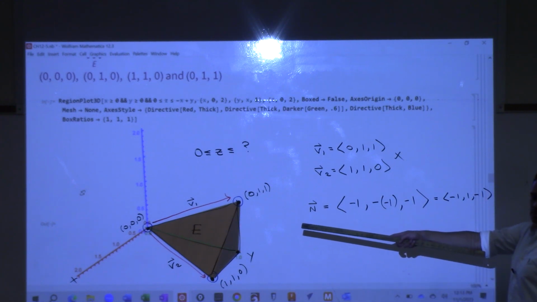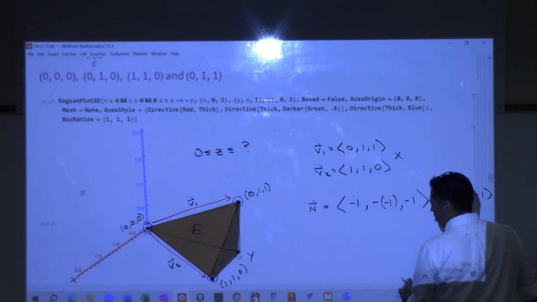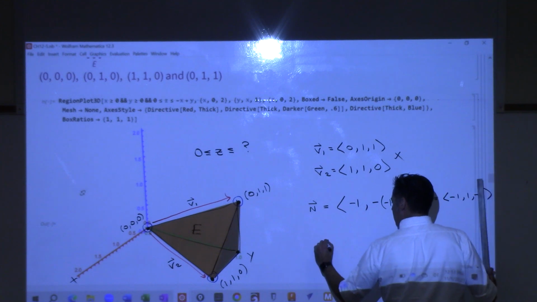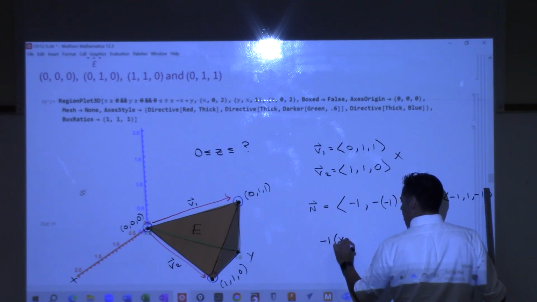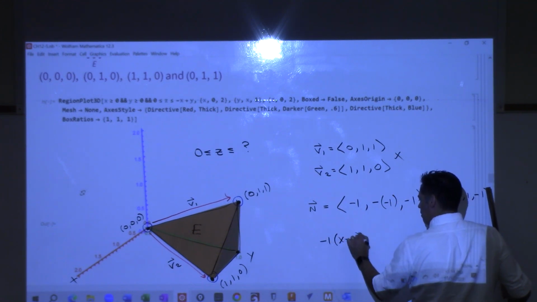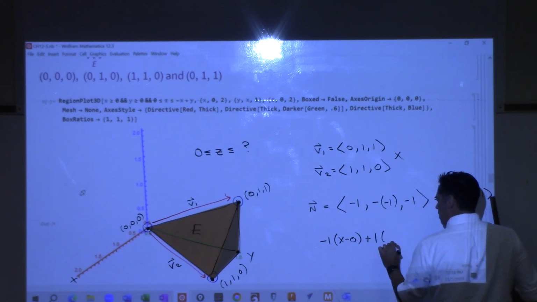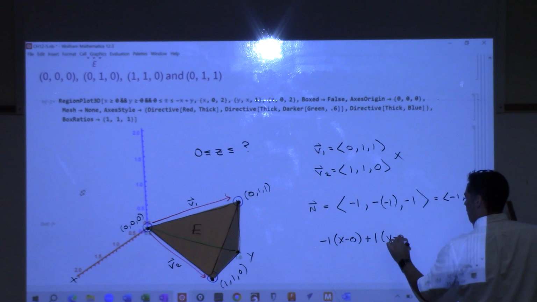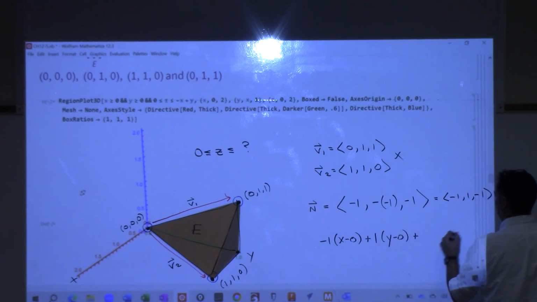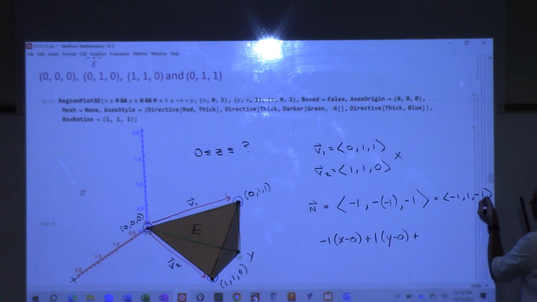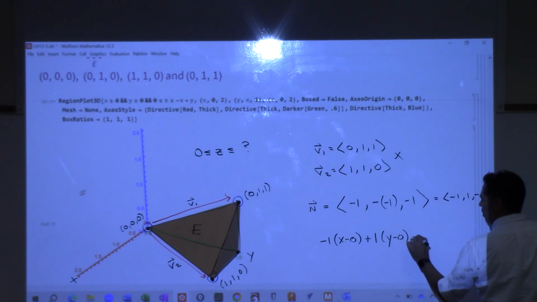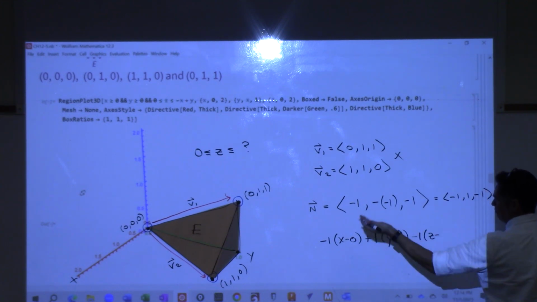0, 0, 0. So to come up with the equation of the plane, we use the normal vector: negative 1 times (x minus the x coordinate, 0), plus the next number, 1, times (y minus 0), and then plus, actually it's going to be minus, won't it? Because it's minus 1 there, so minus 1 times (z minus nothing).